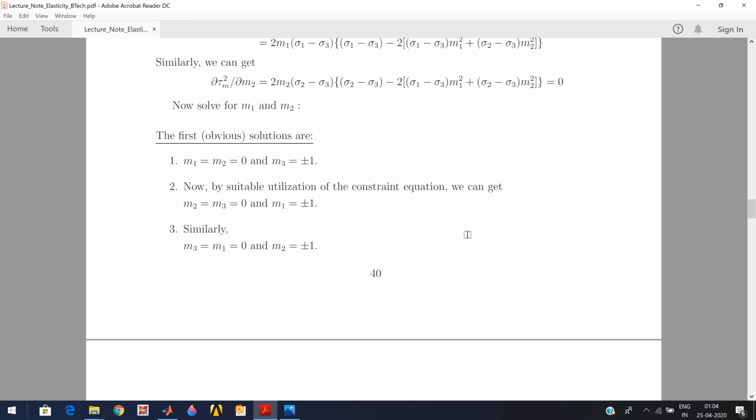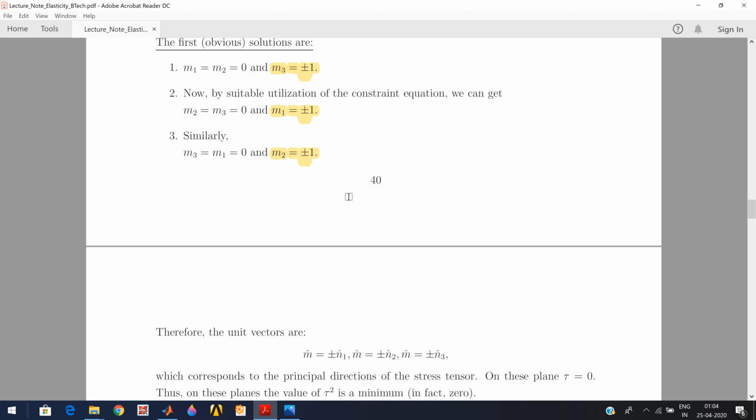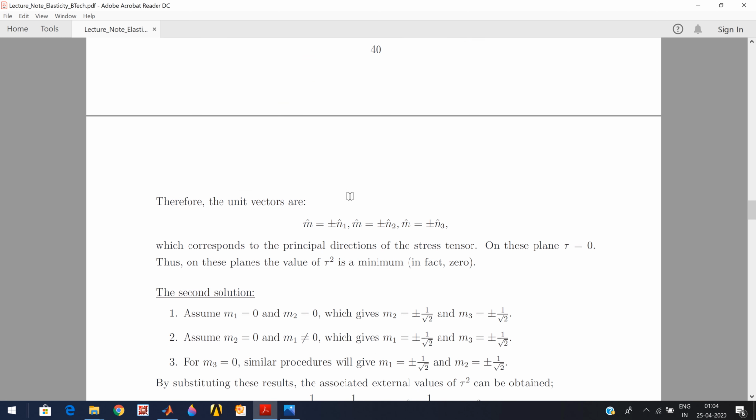And from those equations, if we choose the first solution, we'll get this as a solution. So one extremum value will be along the principal direction, and we know that along the principal direction the shear stress component is 0. So tau equal to 0 will be one extremum value.